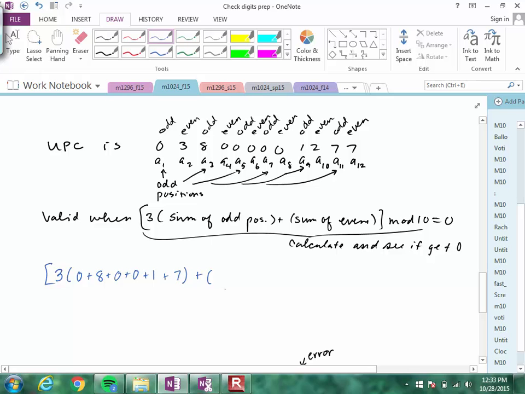I don't actually need parentheses here, but I'll put them in. We have the 2nd position 3, the 4th, and so on. Notice that we are using the last digit, a sub 12, in this calculation. We didn't for ISBN because it was a different formulation. Then we take that mod 10 and check whether it equals 0. I'll put a question mark there, because otherwise you'd wonder why we're doing this when it says equals 0.